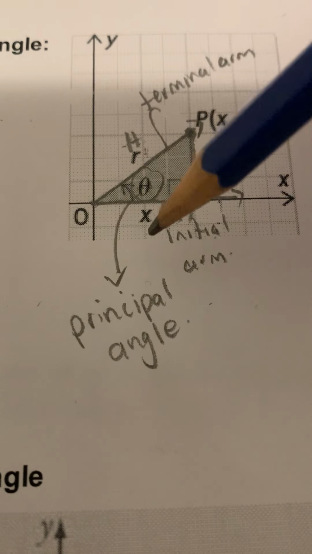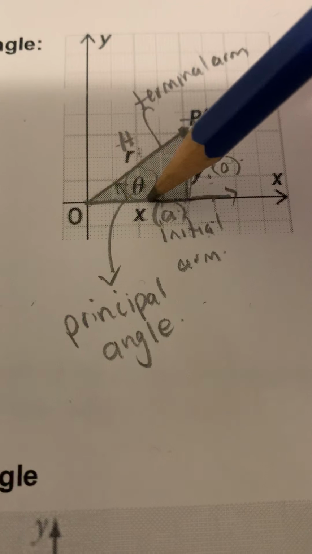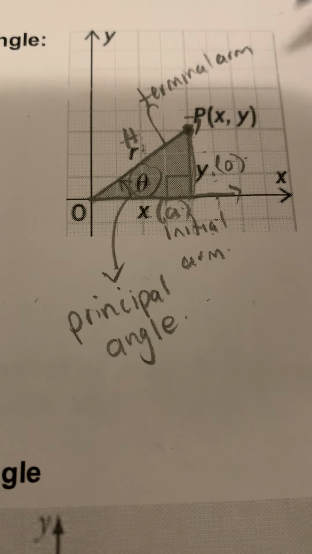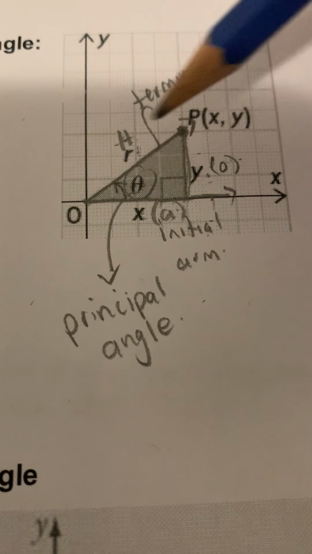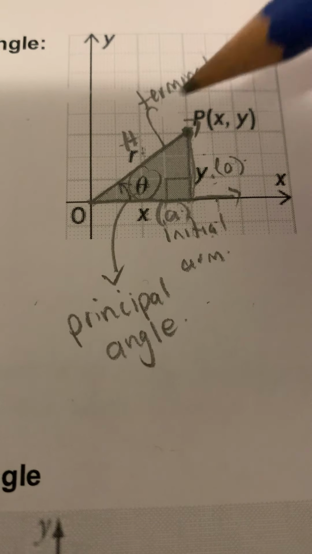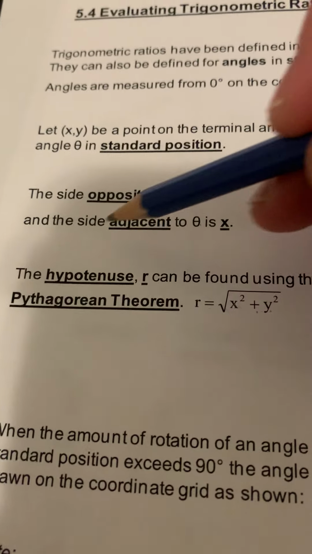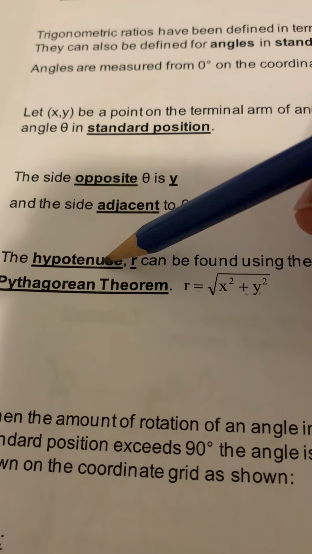Okay, so again, our hypotenuse is now our radius, our adjacent side is now x, and our opposite side is now y. But for me, I still use O, H, and A when doing the ratios, but you could use the X, Y, and R. Okay, so that's what it's talking about here. So the opposite side is Y, adjacent side is X, and then our R is the hypotenuse.